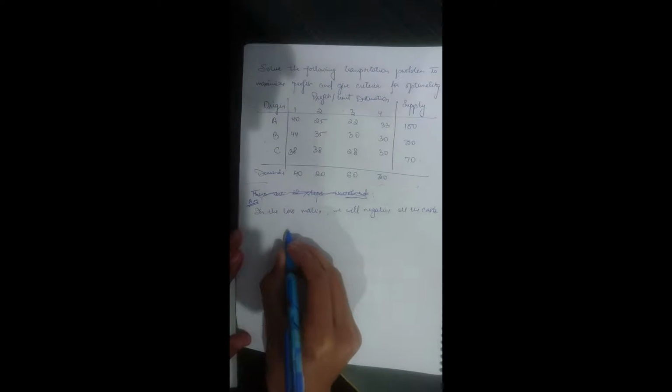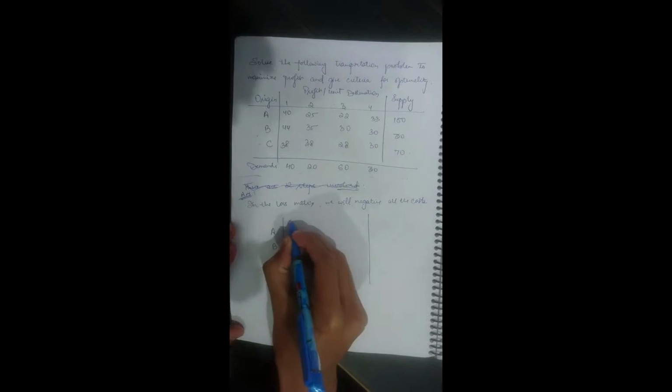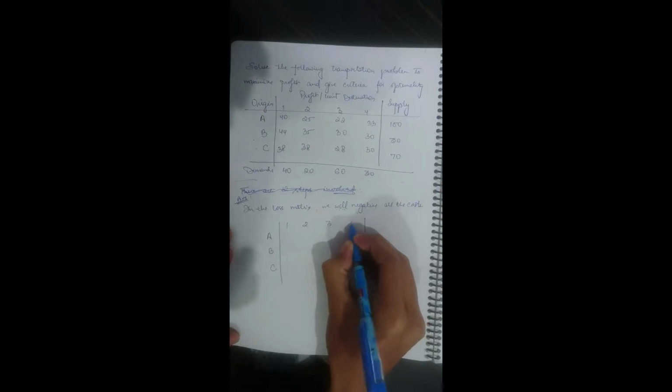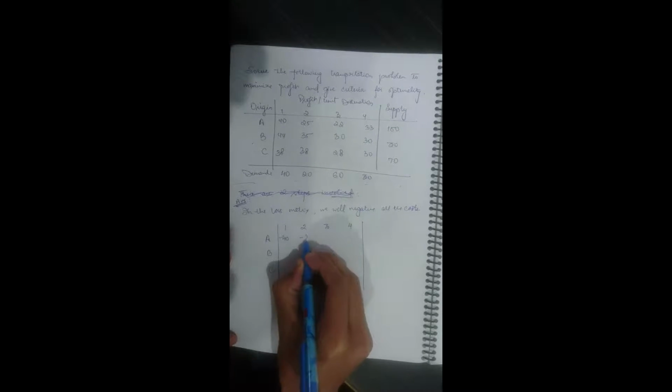So we have A, B, C, three sources, 1, 2, 3, 4 destinations, and we are negating all the values.